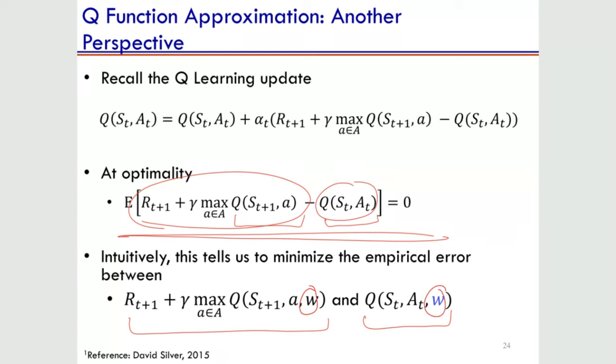What I'm trying to say is that first we introduce W, which is the parameter of these functions, which were in our tables. And the second thing is that because of the Bellman optimality equation, we basically want to minimize the difference: this is the TD target, the approximation to the return random variable, and it should be close to Q. So W has to be tuned such that this number is close to this number.